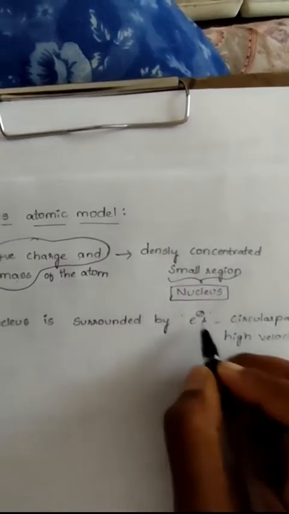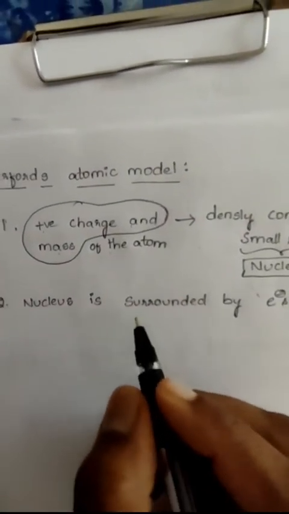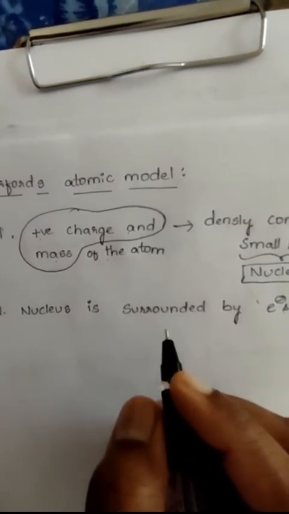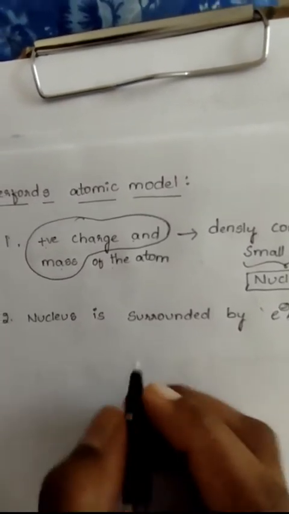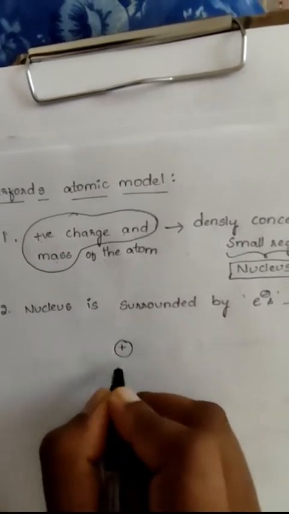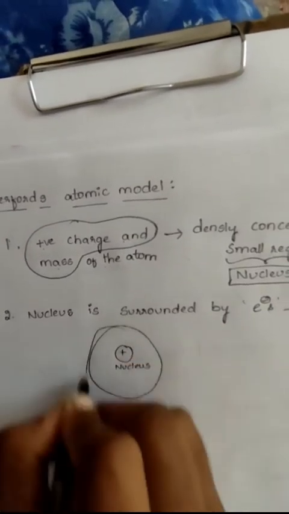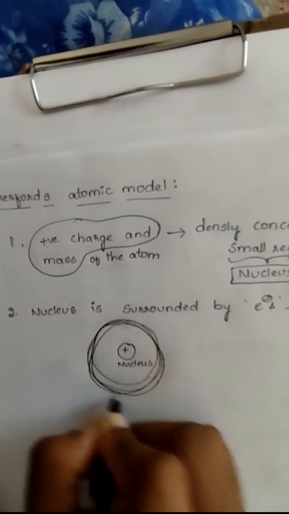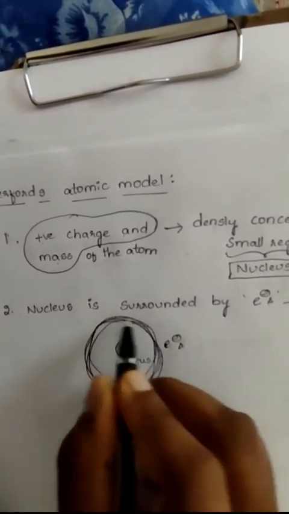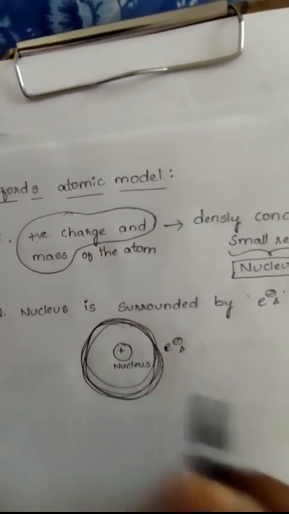That means electrons are moving around the nucleus with high speeds. We can resemble this with the solar system, the sun as the nucleus and electrons as planets. See, the nucleus is surrounded by electrons revolving around the nucleus in a circular path with high velocity.